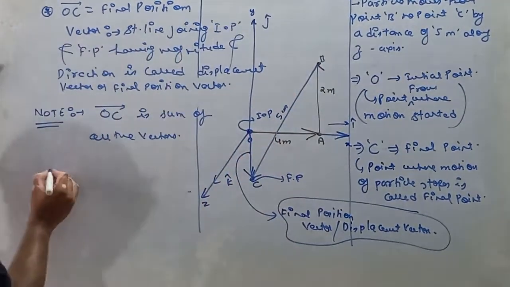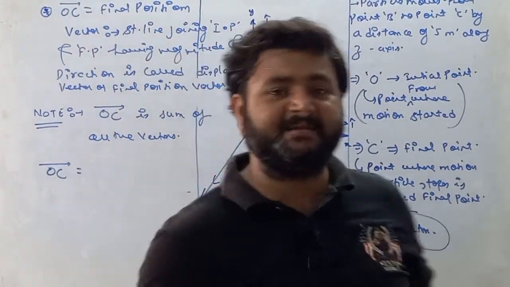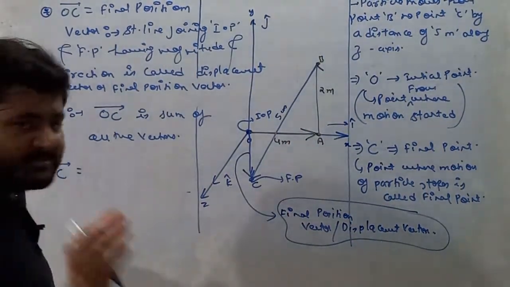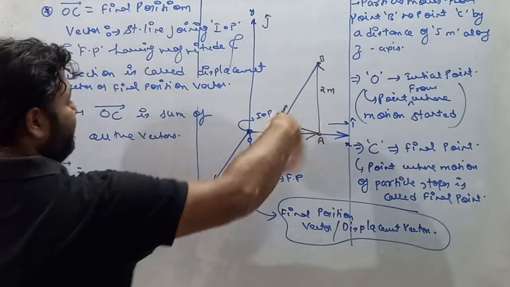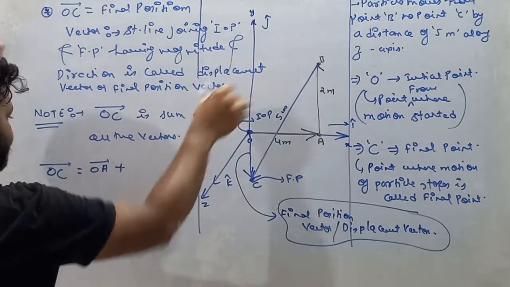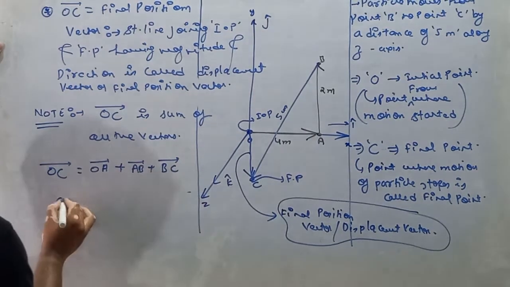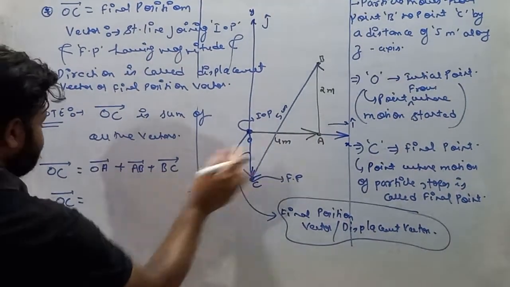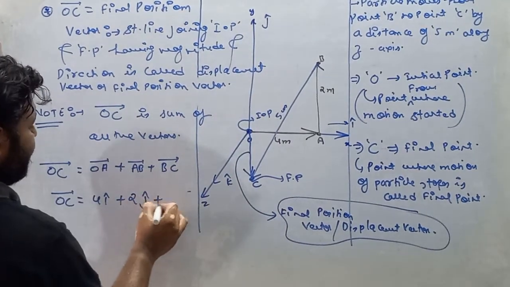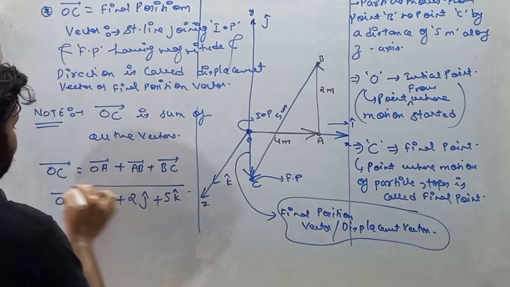So final position vector, that is OC vector, is equal to OA vector plus AB vector plus BC vector. Now if we wish to write its value, OA vector is equal to 4i cap plus AB vector is 2j cap plus BC vector is along z-axis having magnitude 5, so I'll write 5k cap.